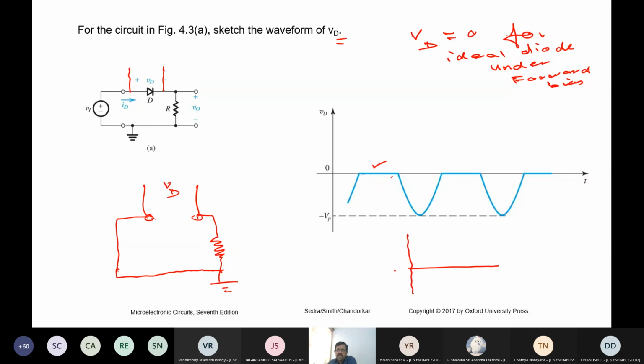Because I am now measuring across the diode, if I put it across the VL, I will get the diode voltage only in the negative side, and I will get it like this.